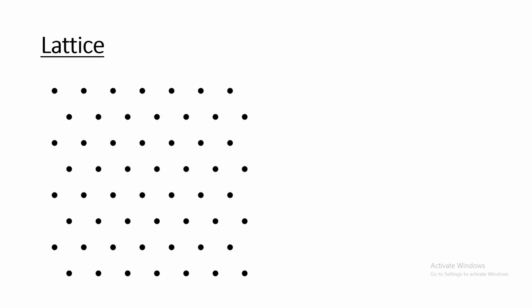So what exactly is a lattice? This is the second term we are going to discuss. Lattice is a 3D periodic arrangement of points in space. Here we have points, not molecules. It is purely a geometrical concept. In this picture, I have shown only the 2D version, but you can imagine it to be a 3D version.